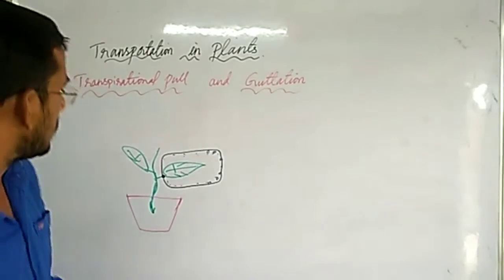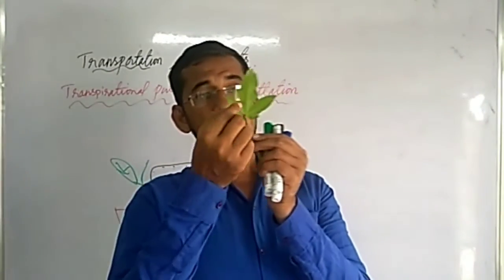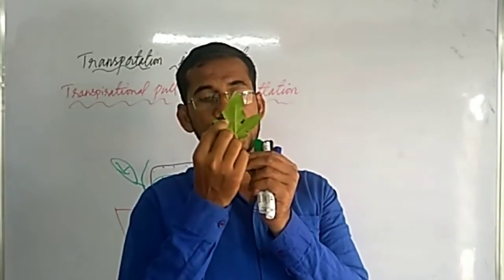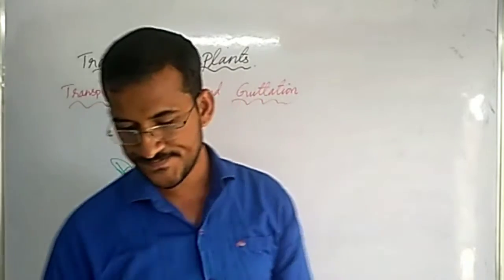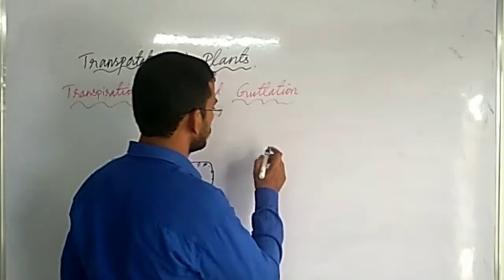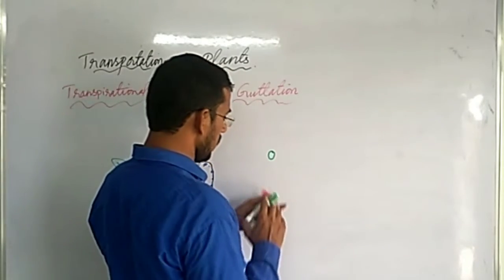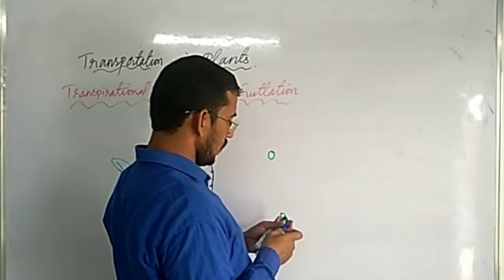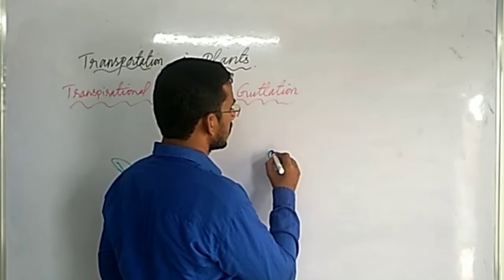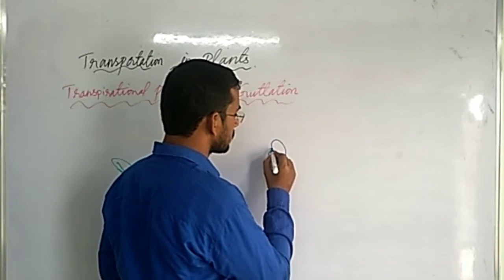In the leaf, especially in the lower regions, we have many stomata. Understood? I'll draw one stoma here. So this is the stoma. This stoma is a hole which is covered by kidney-shaped guard cells.